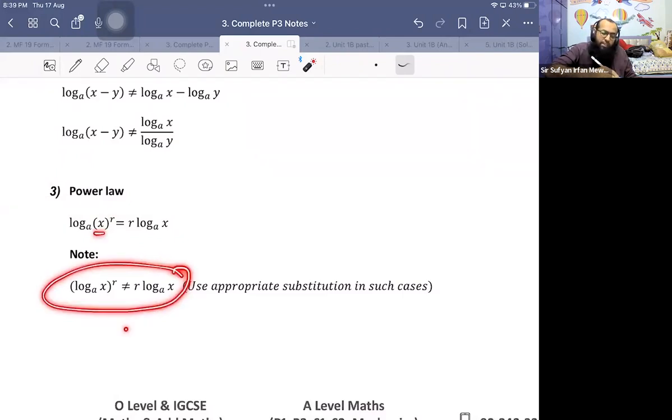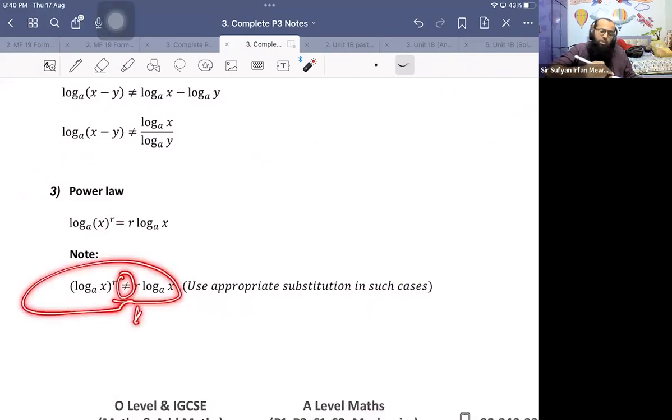The power should be only and only on x. The power r cannot be on the whole log. It only has to be on this x. Then only can we say that the power law is being applied. But if it's on the entire log, then the power law won't work. This thing is not true. That's why I've written not equals to.